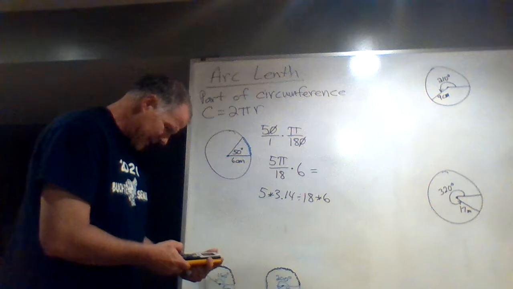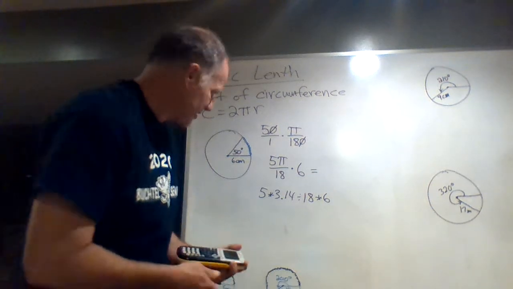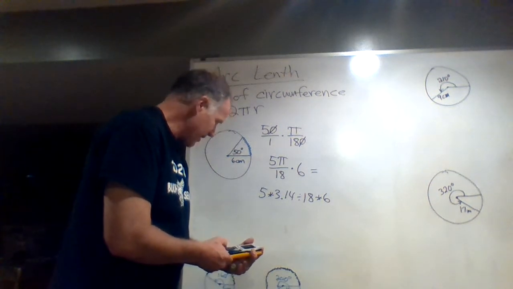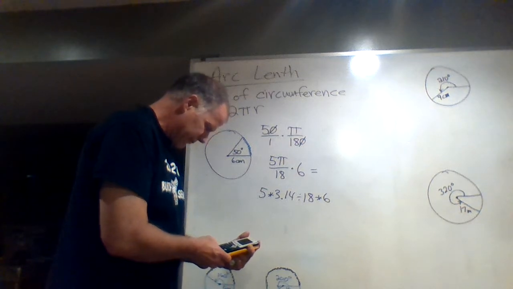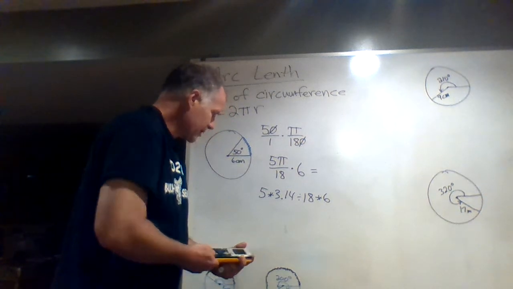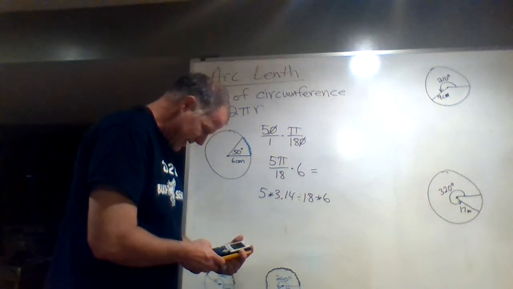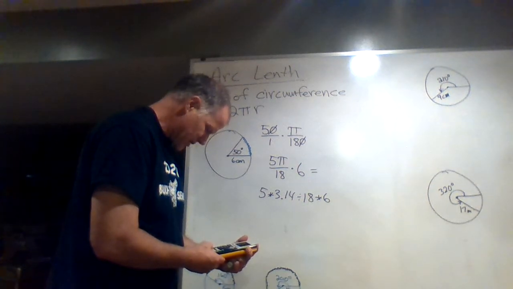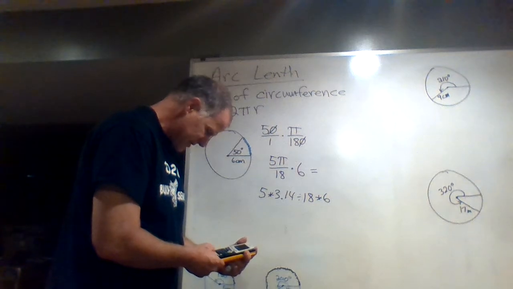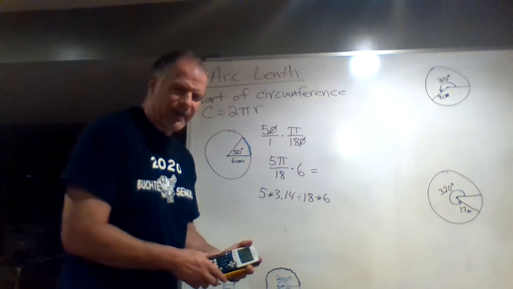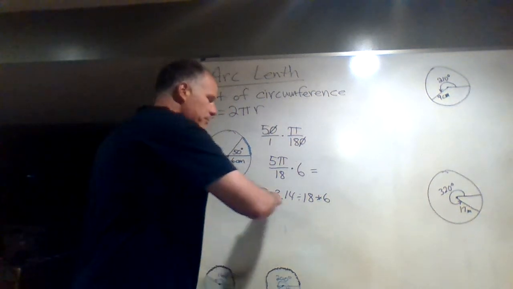Let me try that again. We might have to put equals in between. So 5 times 3.14, hit equals, divided by 18, equals, times 6. Let me make sure. Okay, same answer. Sweet. You can put this all in at once.